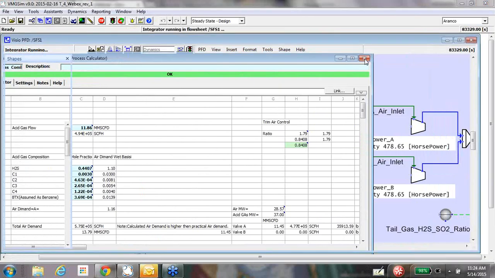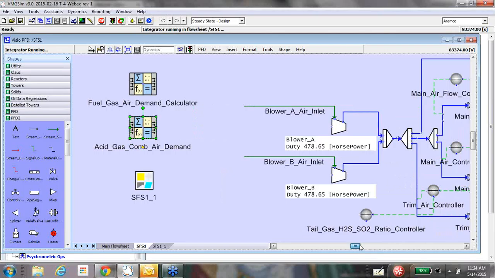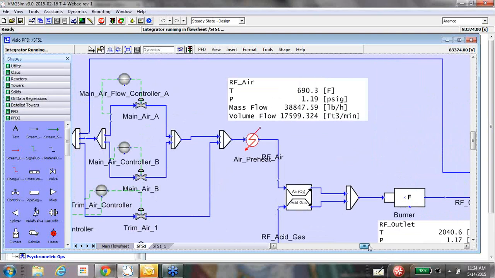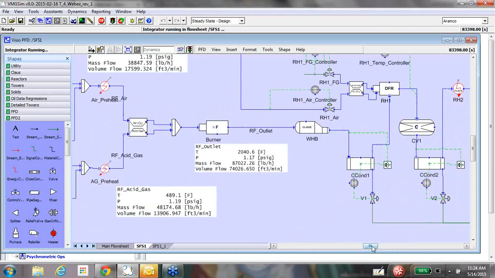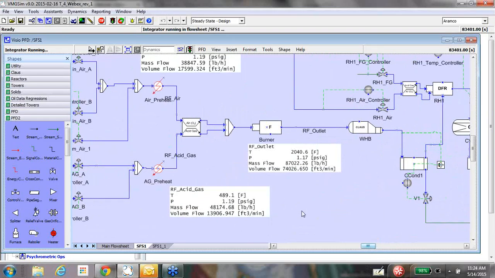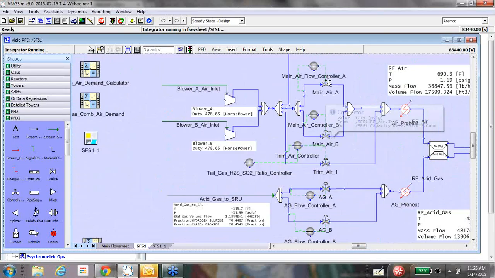Okay, and further, I will also go a little bit into explaining a few things that are a little bit different than normal plants we see. If you see here, they have two main control valves on the main air demand and one trim air valve. Some other plants, you might see just one control valve.